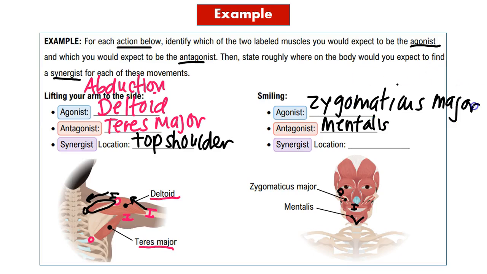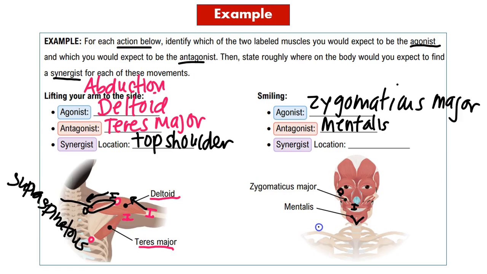Now, since we're talking about the zygomaticus major, and we know that's going to be our agonist for this example, let's think about our synergist location. Where would our synergist location be? Well, we don't have all the little examples of tinier muscles here that we saw, like the supraspinatus. We didn't have all that, right? So when you're thinking of this, you can only go off of a general location.